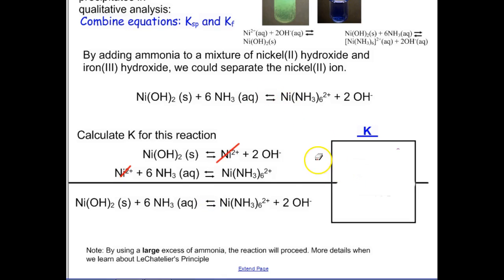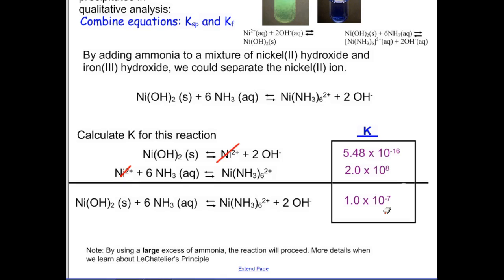Now to find their equilibrium constants, I'm going to use my reference tables. It's the KSP for nickel(II) hydroxide and the KF for hexaamminenickel(II). Take those two numbers and multiply them together, and I still get a number that's pretty small.